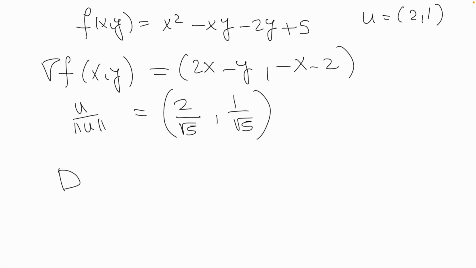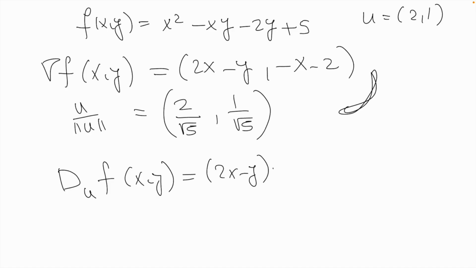So then the directional derivative of the function at (x, y) is going to be the dot product of these two vectors, which means (2x minus y) times this plus (minus x minus 2) times the other. So this is exactly the formula that we have seen before.